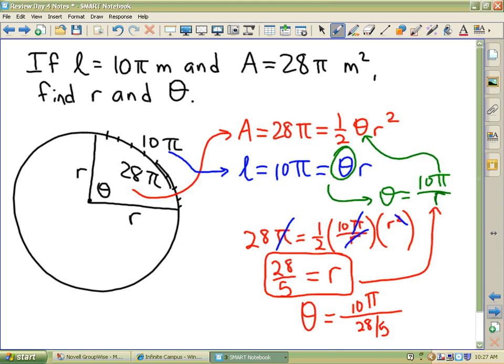Copy, change, flip, and you get 50 pi over 28, and that's darn near the full circle, incidentally. 56 pi over 28 would be all the way around the circle, but that's a terrible drawing. So there we go, and that's that.